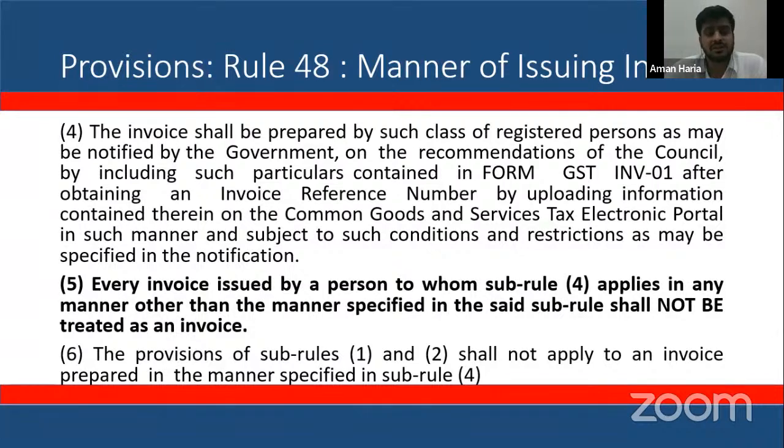Here the government is saying that a certain specific class of registered persons, which will be notified by the government, will have to generate invoices in the particular format of GST INV-01, after obtaining the invoice reference number, IRN, by uploading information on the separate portal that they have established for this, and it will be subject to such conditions and restrictions as may be specified.